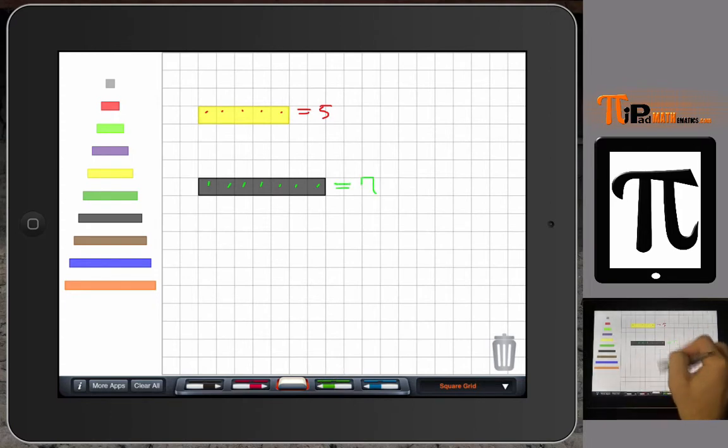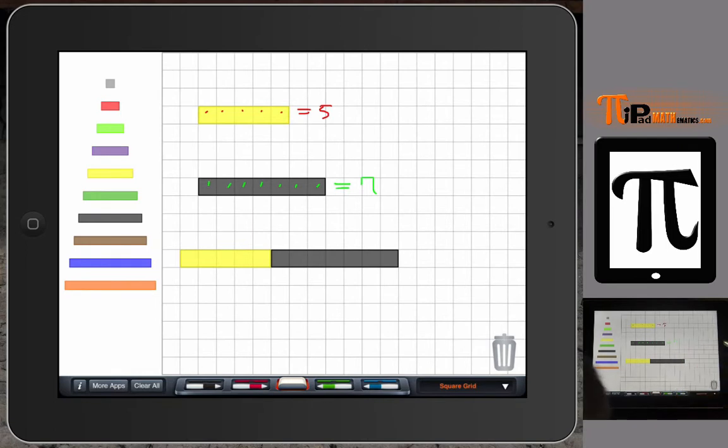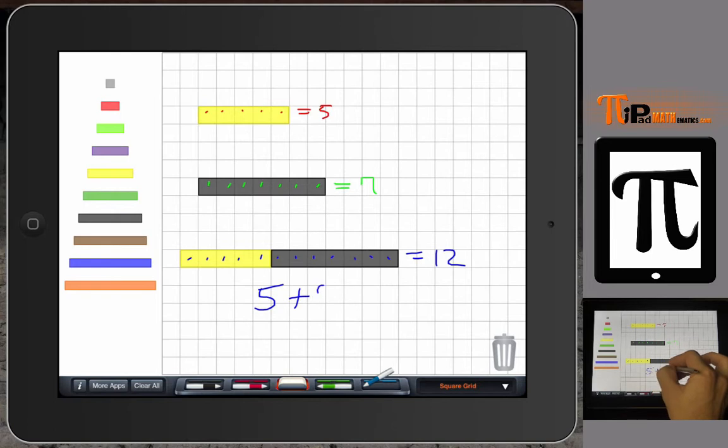And when I have a yellow plus a black, you can do it a number of ways. You can know that 5 plus 7 gives you 12, or you can line them up and count 1, 2, 3, 4, 5, 6, 7, 8, 9, 10, 11, 12. So 5 plus 7 equals 12.